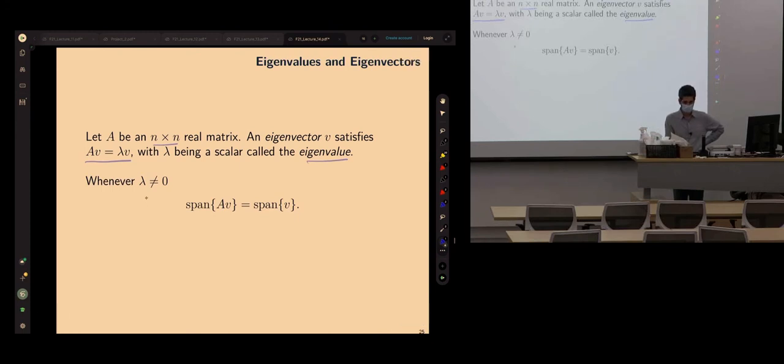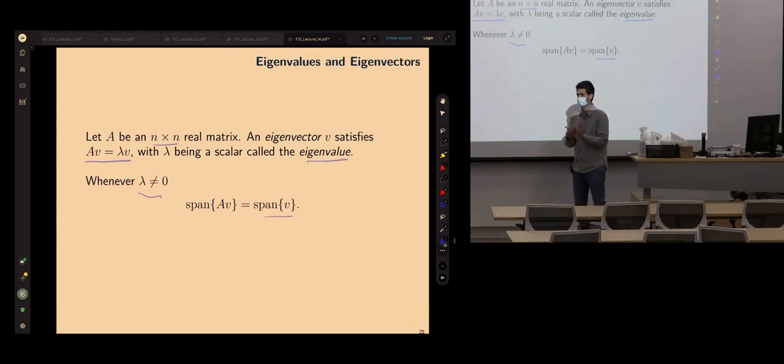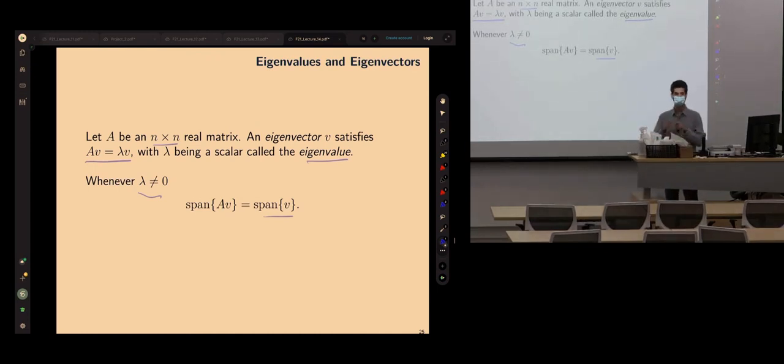So whenever lambda is not 0, the span of your matrix times your vector, which is a vector, right, is the same as the span of V. That means multiplying your matrix by V will not change its direction. It will only scale it by lambda.